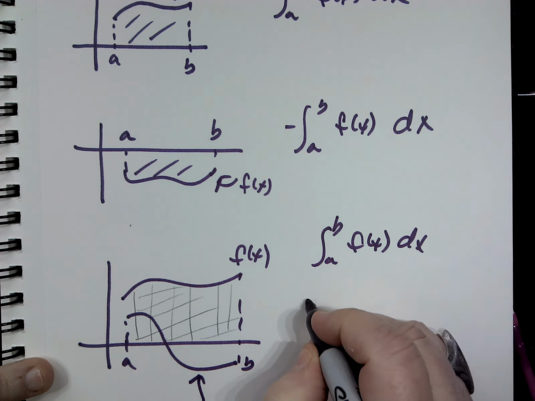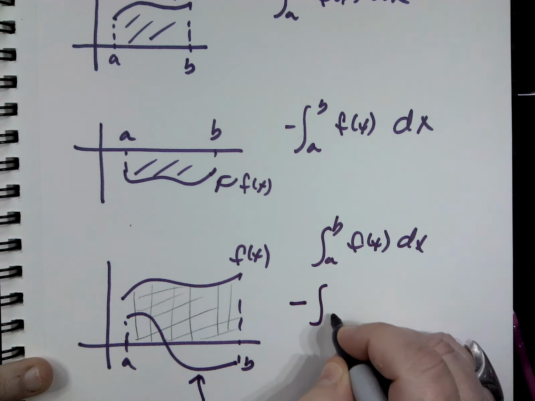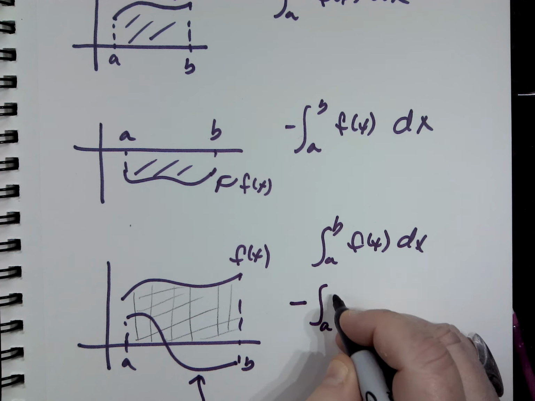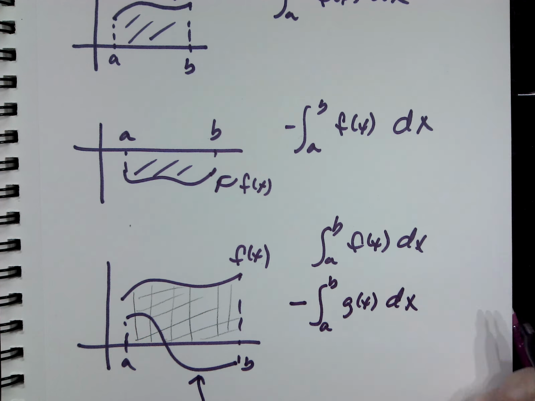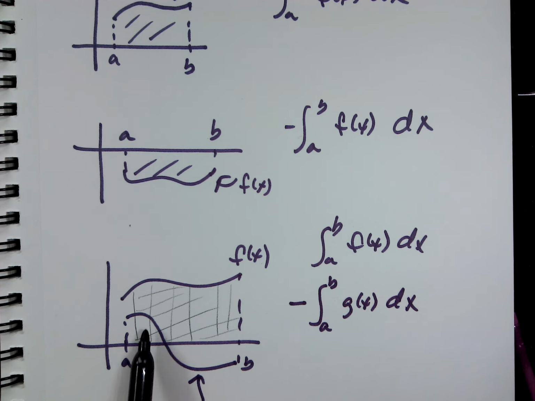Now, if I negate, say negative the area from a to b of g of x dx, that gives me this area negated, and it gives me this area, and it's positive, because since g of x is negative, if I integrate here, I'll get a negative number, so I stick a negative in front of it to make it positive.